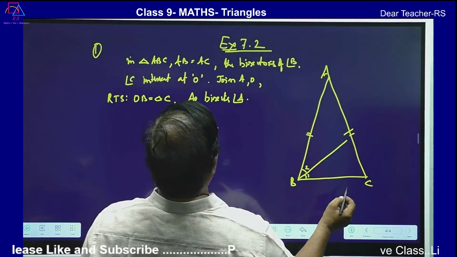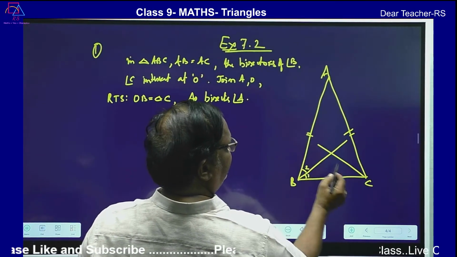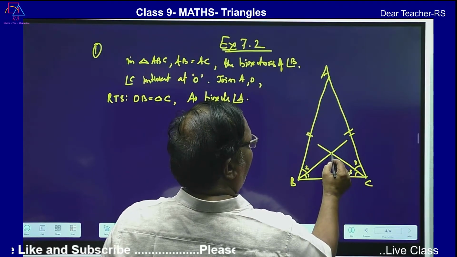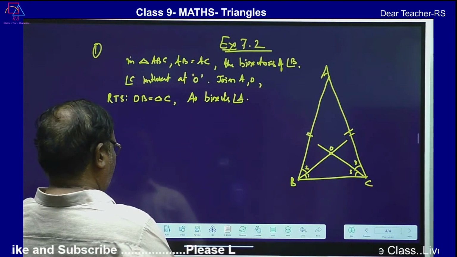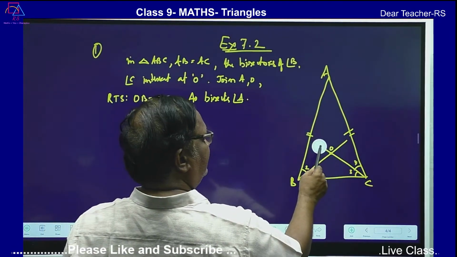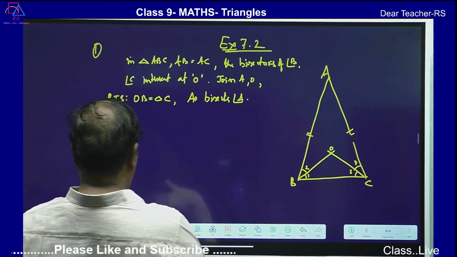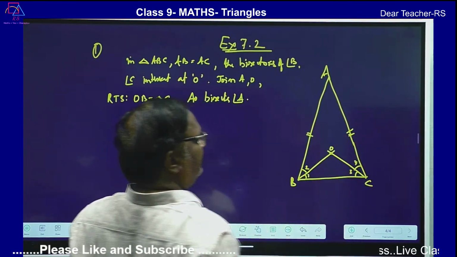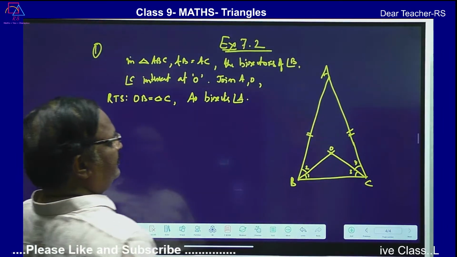The bisector of B and bisector of C, here 3 and here 4, and these are meeting at O. So this is the diagram.